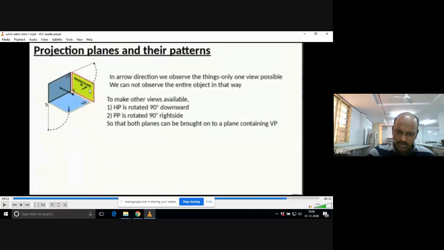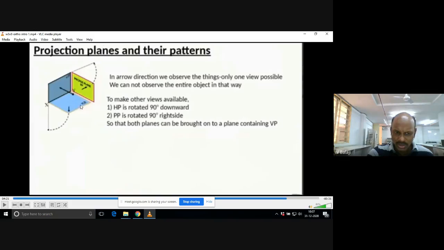So what you have to do? You need to unfold it. Unfolding means, you see the procedure, what we are drawing, how we are getting the different structure. What you have to do is HP we need to rotate 90 degrees downwards.